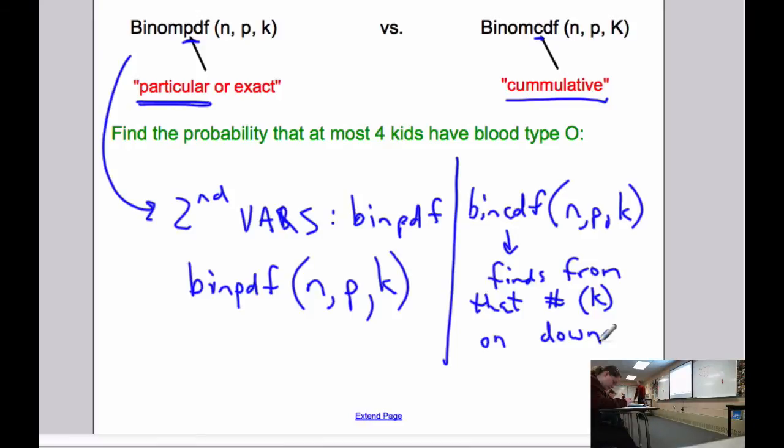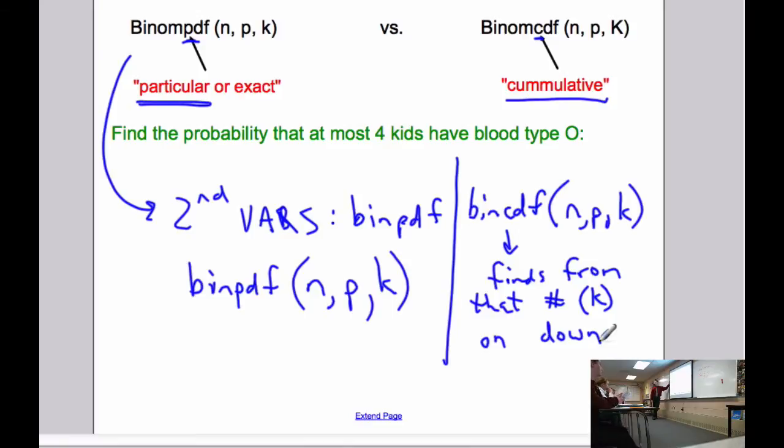Binomial CDF always finds from that number on down. So if I said 4 or less, you would do 4 or 3 or 2 or 1 or 0. It'll do 4 on down for you in a split second, and you'll have your answer, so you don't have to keep adding up.